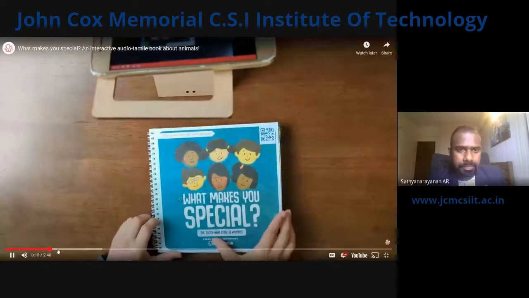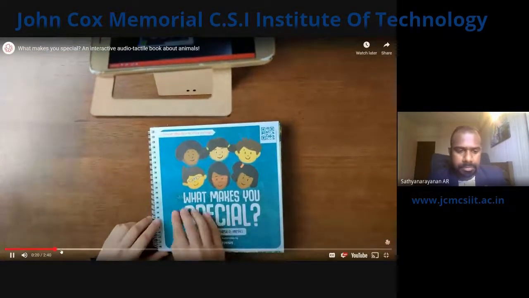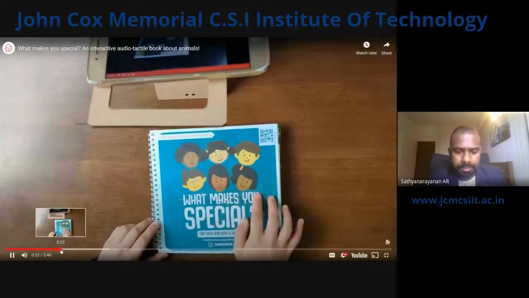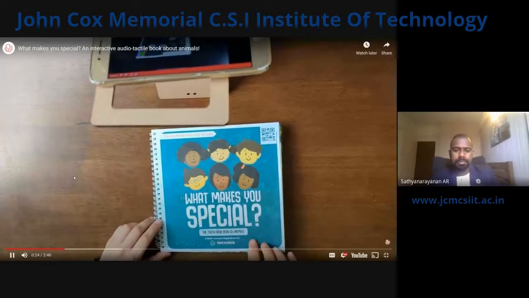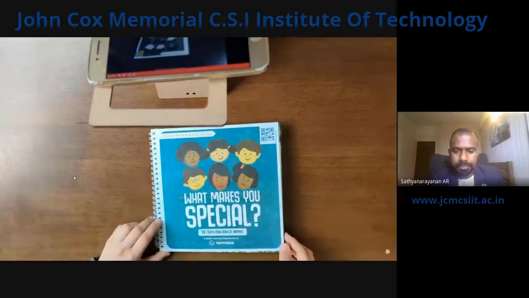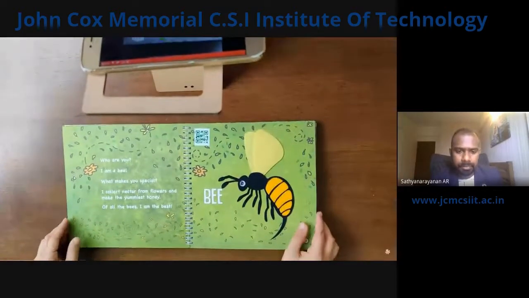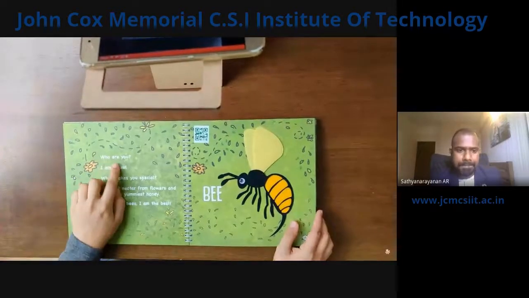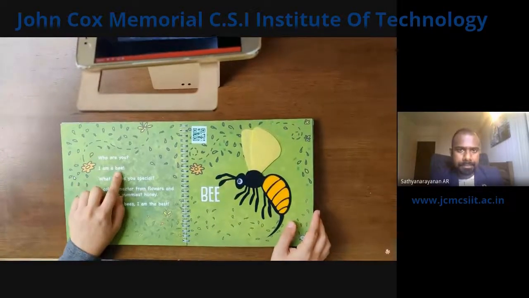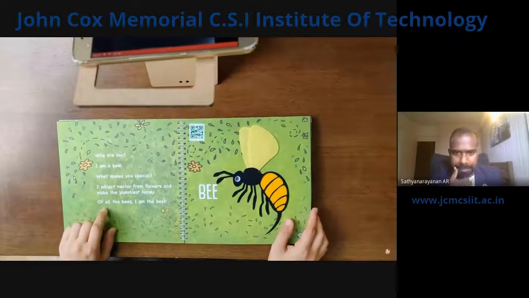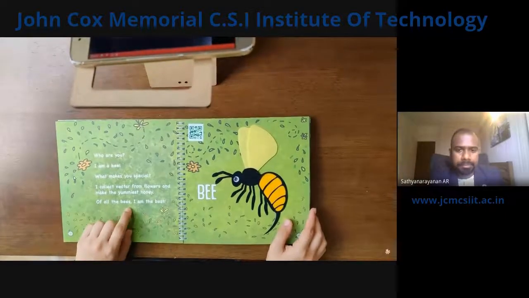By Tactopus, front cover. This book is about all the special things about animals. Open the book to start on this adventure. Who are you? I am a bee. What makes you special? I collect nectar from flowers and make the yummiest honey.